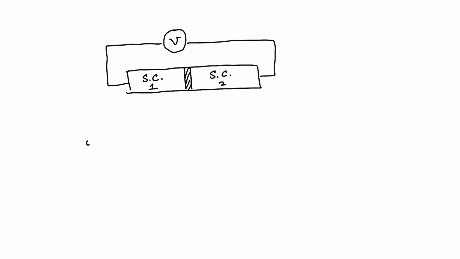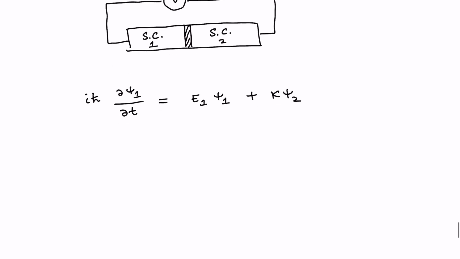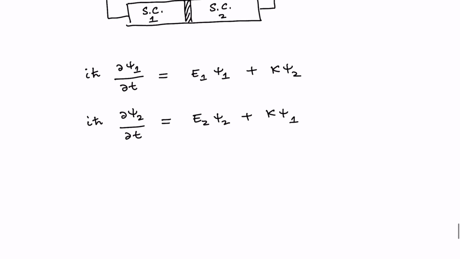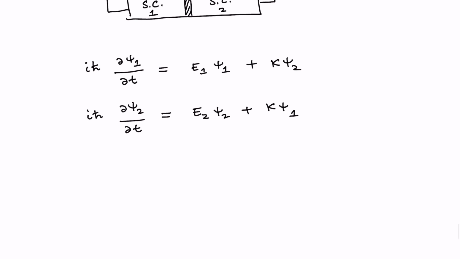Let me write these as follows: i h bar del psi 1 del t is equal to E1 psi 1 plus k psi 2, and i h bar del psi 2 del t is equal to E2 psi 2 plus k psi 1.